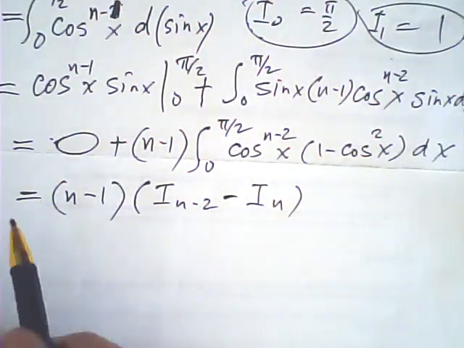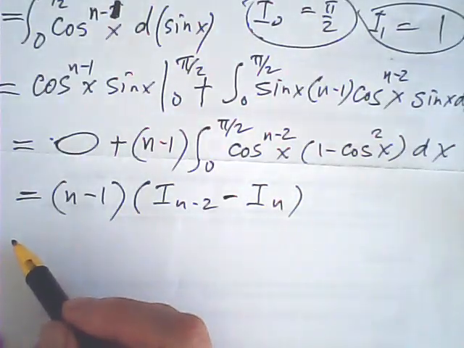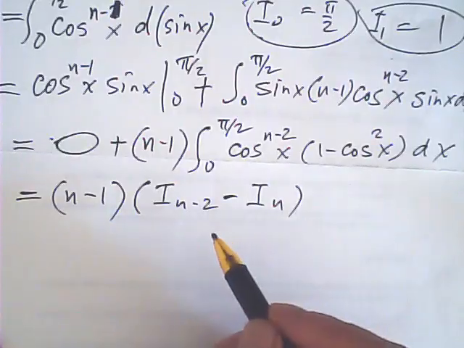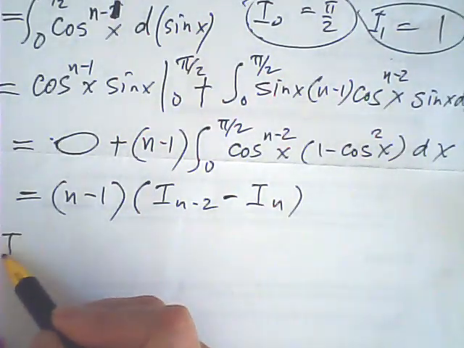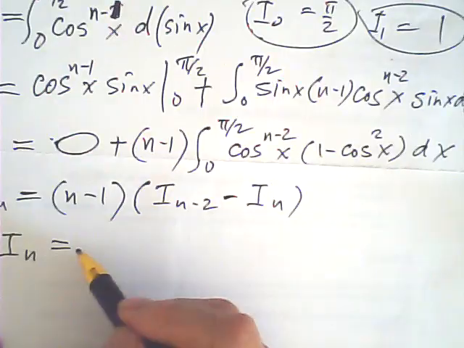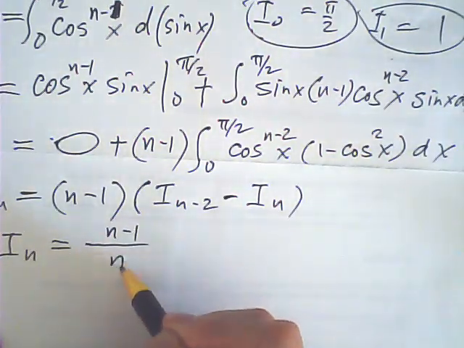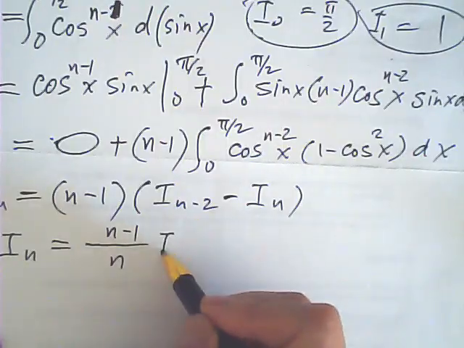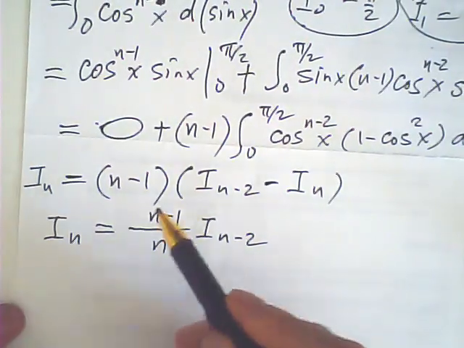Then move this over there. Yeah, I get then I n is equal to, this is 1 I n, right? This is n, and n is equal to n minus 1 over n minus 2. Okay, so I get the formula.